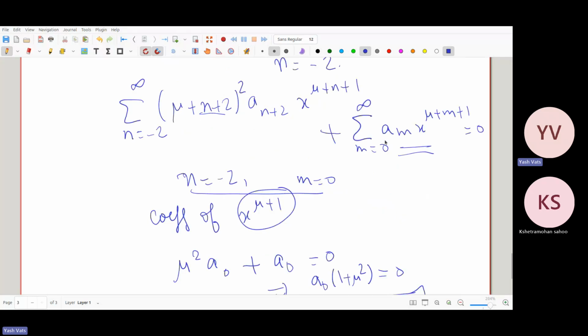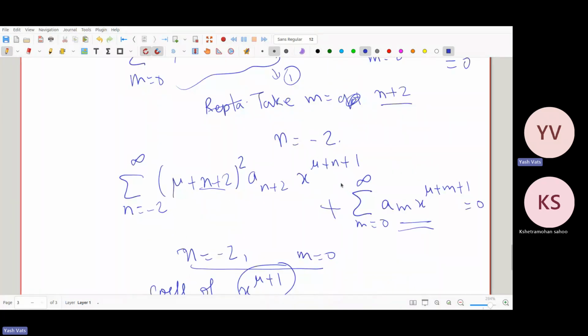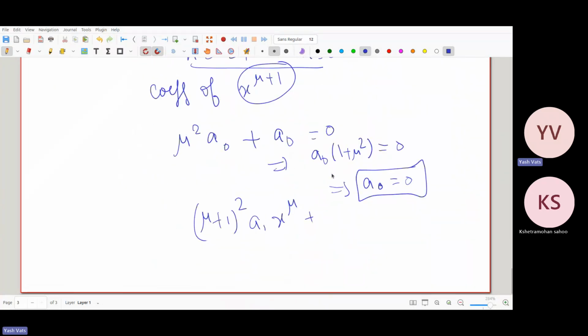When m is 1, then it is a1. But x to the power mu is not coming here, here it's coming, right? So if you just put it again to be 0, then it implies a1 is 0.